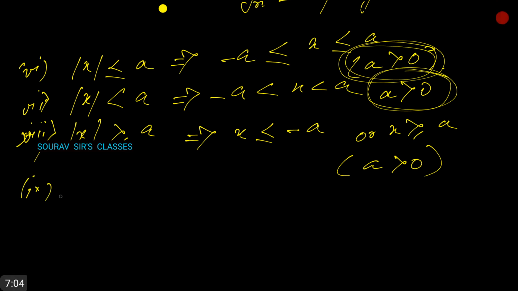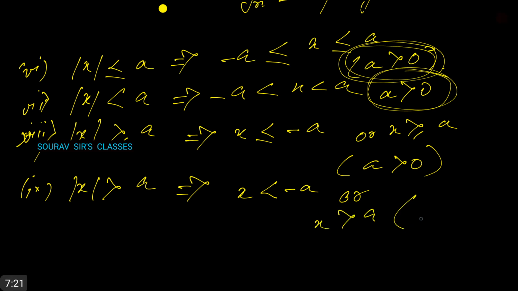Number 9 is modulus of x greater than a implies x less than minus a, or x greater than a. This is for a greater than 0 as well.